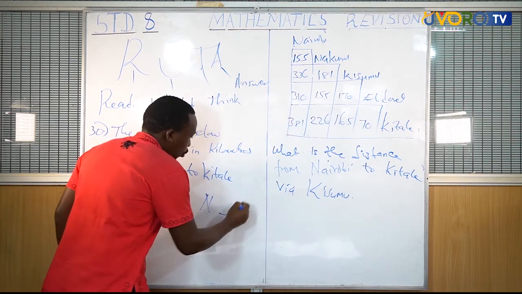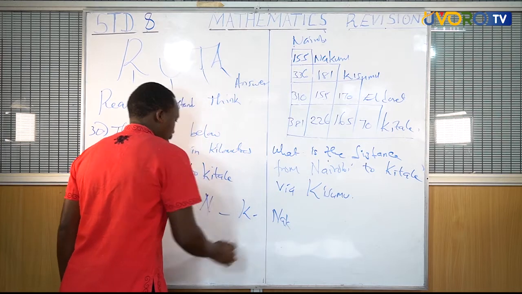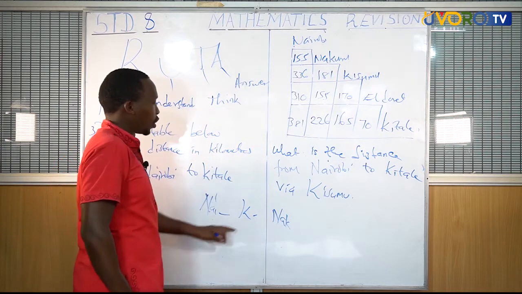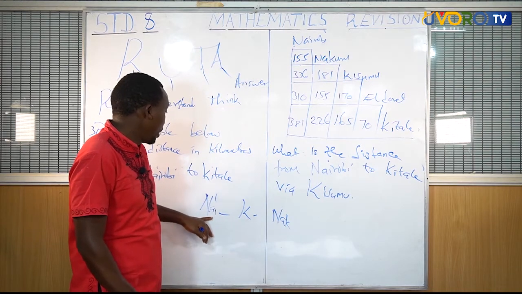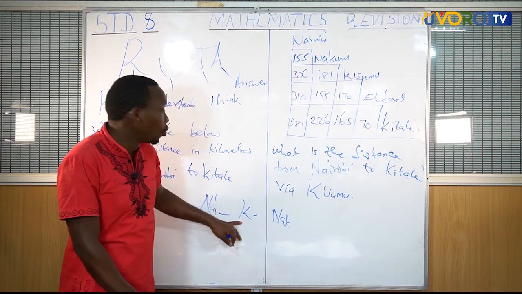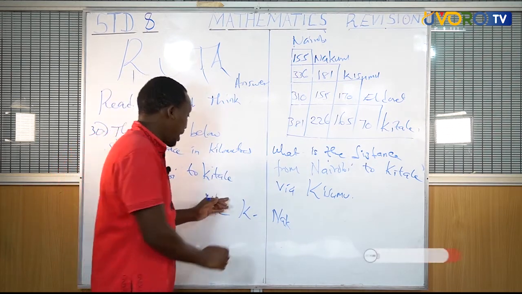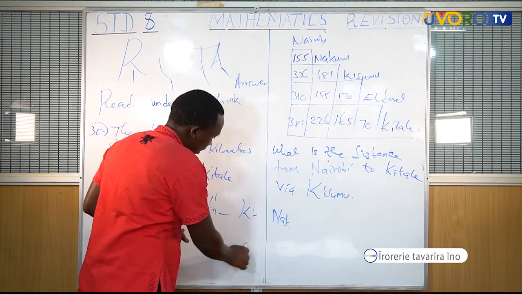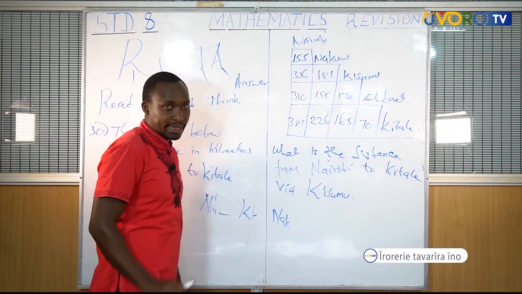You must go from Nairobi to Nakuru first, then you go to Kisumu. The place that is in the middle is read last.